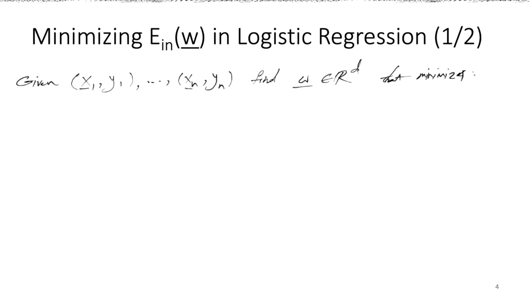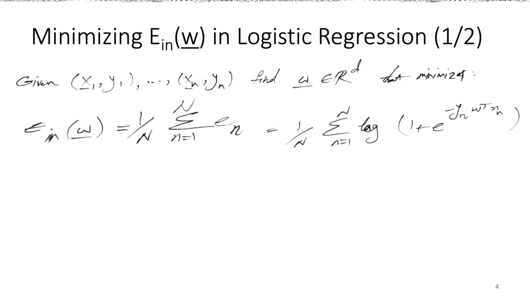We call it, as always, the in-sample error of W, the vector W. Given x1, y1 up to xn, yn, we are interested in finding W, the vector in d-dimensional space of R, that minimizes our En of W, and we have the summation, the average of En, which was the loss function for each of those values from n equal to 1 up to n.